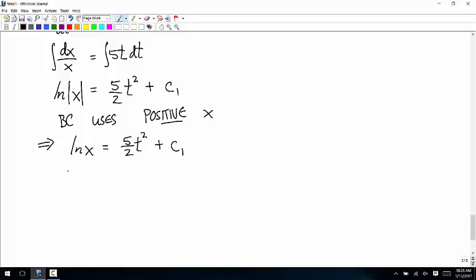The boundary condition says when time is equal to 0, x is equal to 1. So we have natural log of 1 is equal to 0 plus C1.